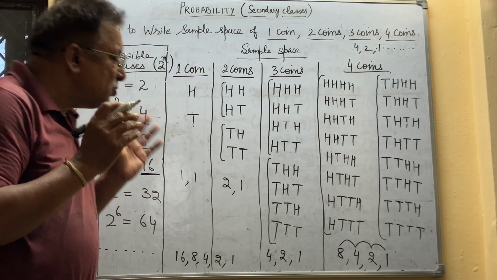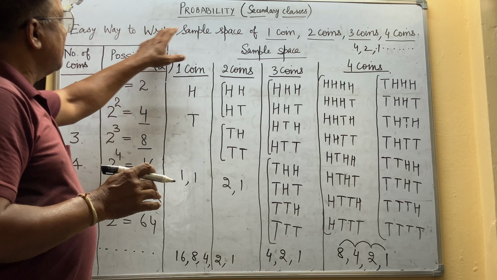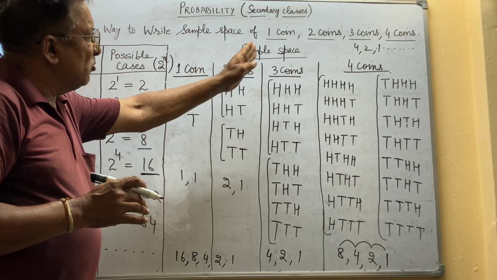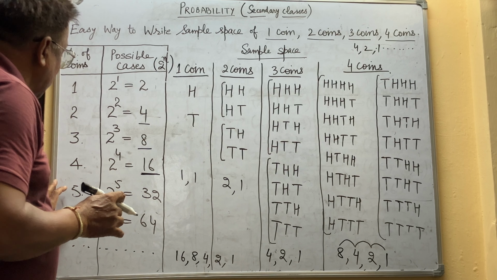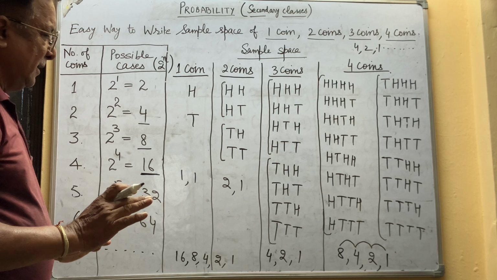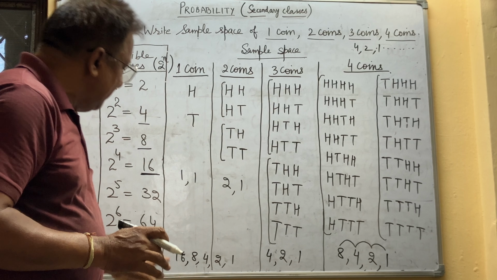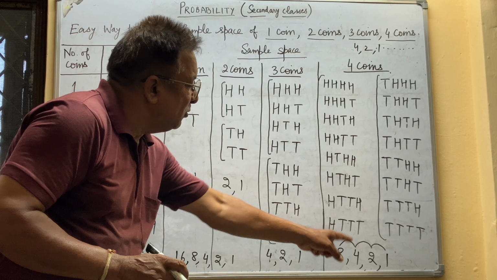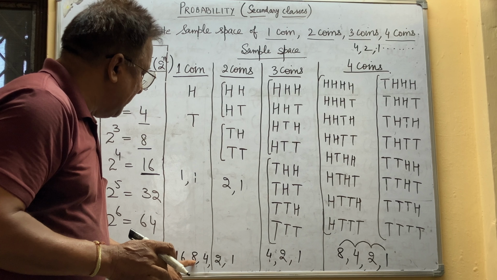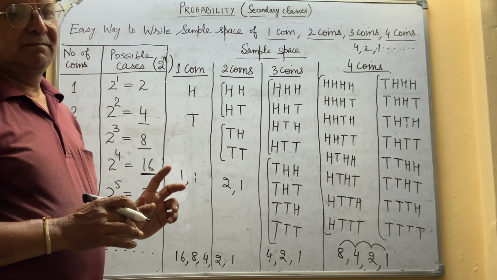This is the most easy way to write sample space of 1 coin, 2 coin, 3 coin, 4 coin, so on. You can write up to any number of coins, and this formula is valid. That is 1, 1, 2, 1, 4, 2, 1, 8, 4, 2, 1, then 16, 8, 4, 2, 1.